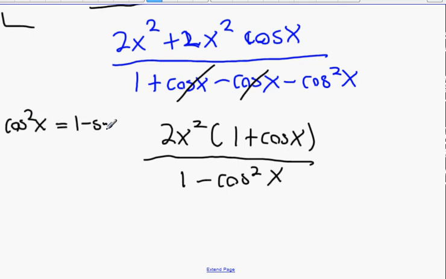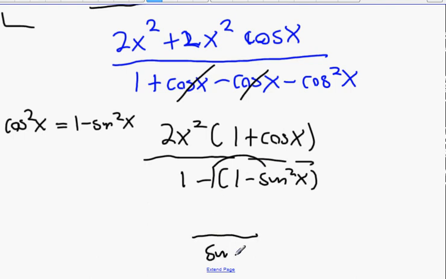And if we replace cos squared x with 1 minus sine squared x in brackets, what can happen here is 1 minus 1, 0. Minus 1 by sine squared x is just sine squared x. Now we have sine squared x over 2x squared into 1 plus cos x.